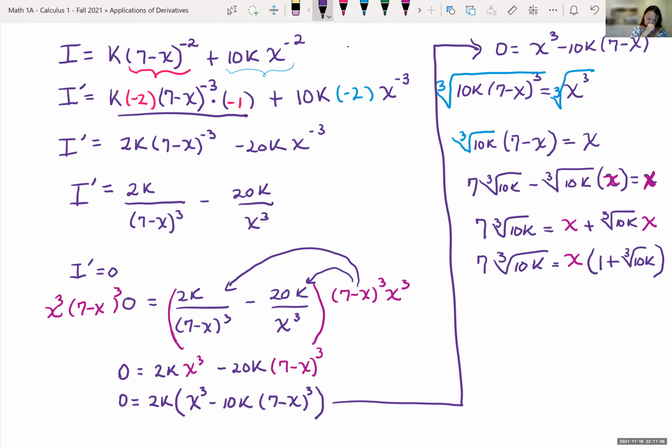Okay, so now we need to just divide both sides to get x by itself. And so we get x is equal to 7 cubed root of 10k all over this 1 plus the cubed root of 10k.